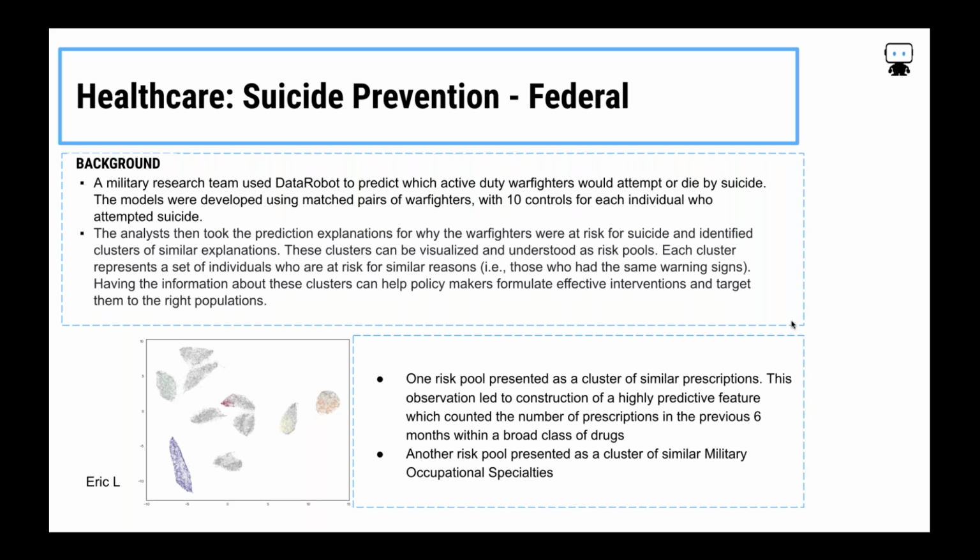Then we have another question here, and then we'll go ahead and go to the healthcare. How do you set the number of explanation clusters, right? So if we look at the example here, I don't know if this is the one that actually went with suicide prevention, but you can see about 10 clusters. How do you guys, and Andrew, you can chime in here as well, because I know your package incorporates this.